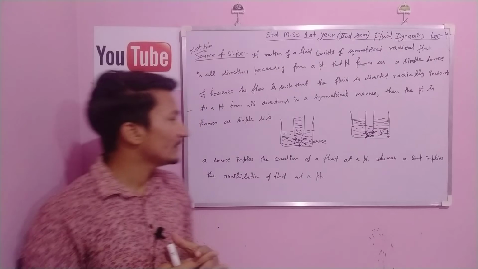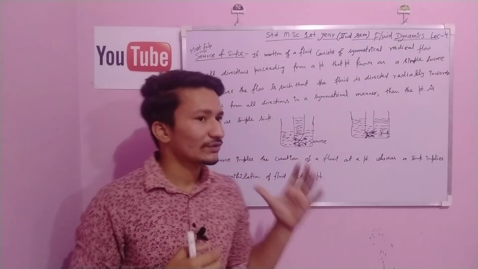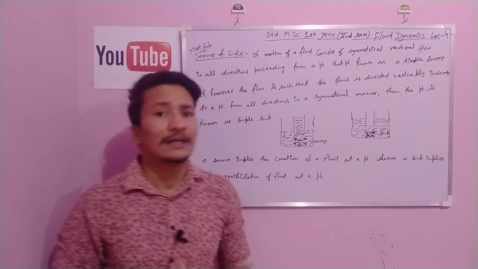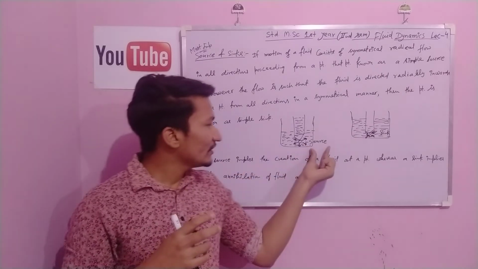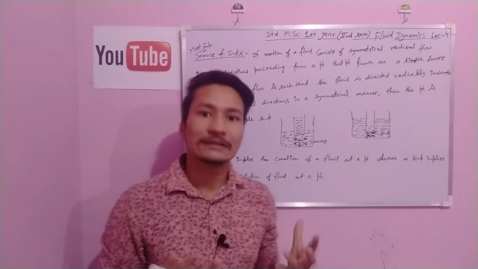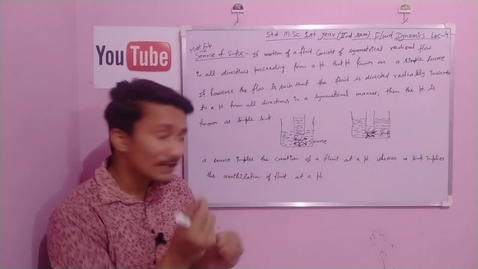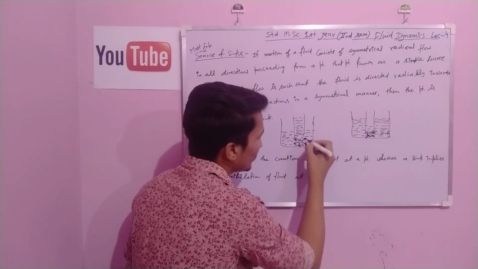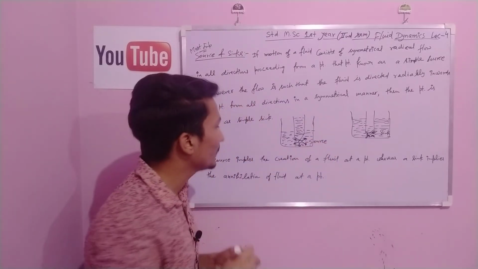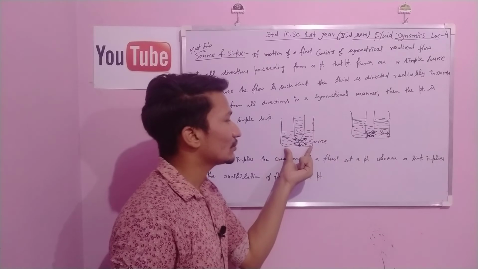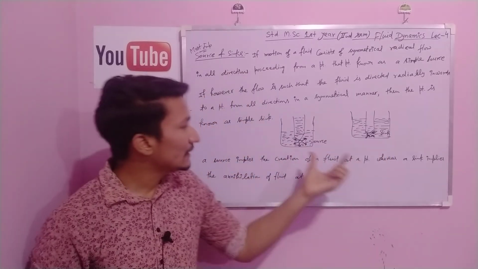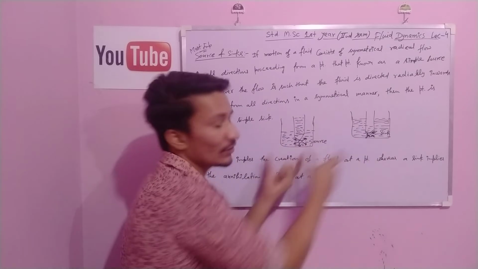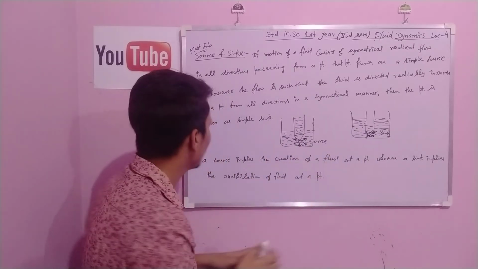In a simple way, as I told you in my first lecture, think of the source of light, like sunlight. A source is that point from where the rays proceed. A sink is just the opposite.